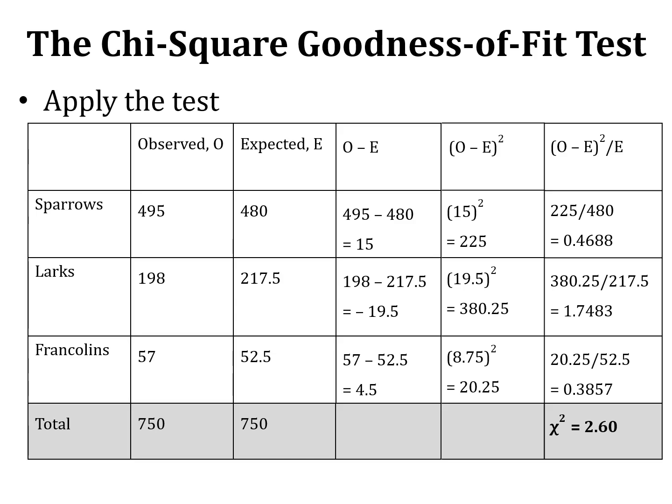And then we divide the square of difference between the observed and expected frequencies of francolins by the expected frequency of francolins, and we get 0.3857. Now we take the sum of these values, 0.4688, 1.7483, and 0.3857, and their sum is the value of our chi-square, which is 2.60. So this is our chi-square calculation.